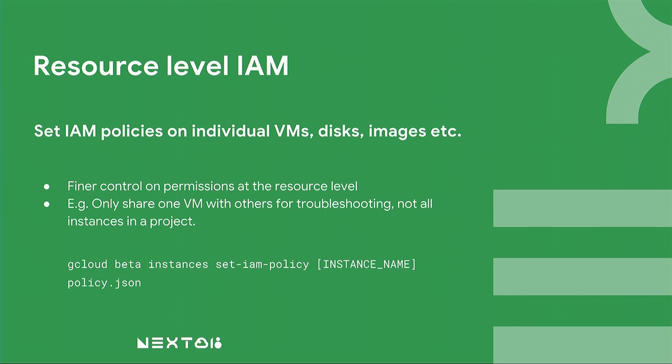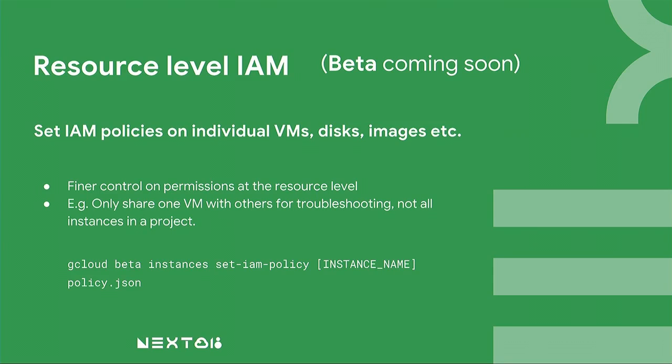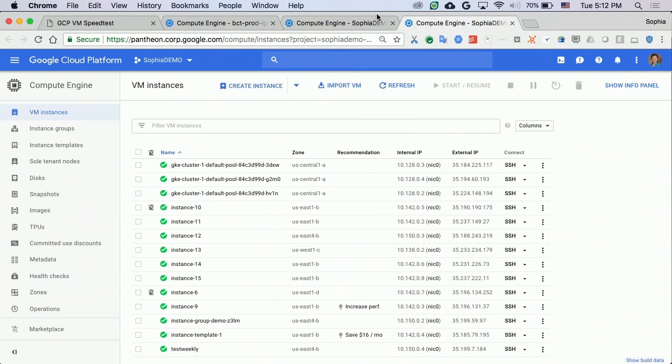With that, I would like to also give you a quick demo on how this resource level IAM works. And by the way, this feature is also going to be available in beta very soon. Can we switch to the demo really quick? For this demo, I'm using a demo account I created, and this is myself, who is the owner and has all the power to do everything in the project.